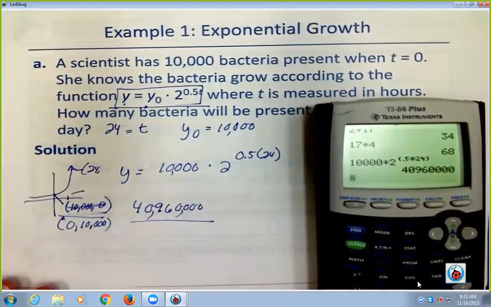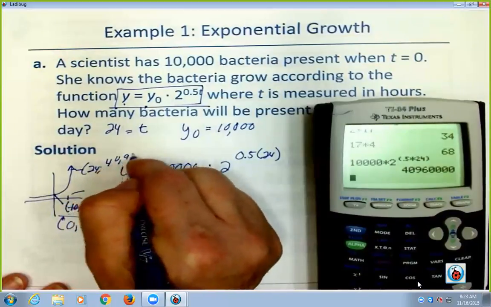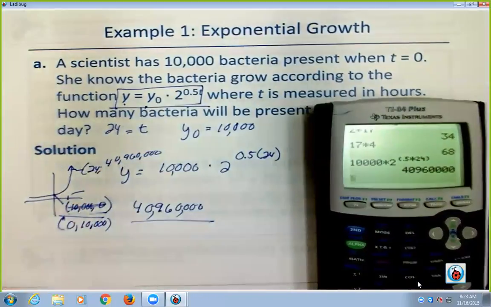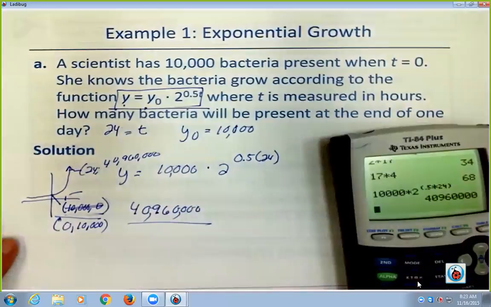So this point up here would be 40,960,000, showing what's happening. Okay, so I get that growth and that pattern. So that's one. We worked it from where we were at back.